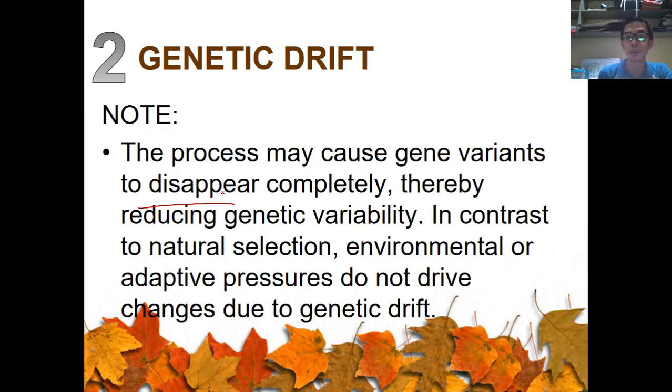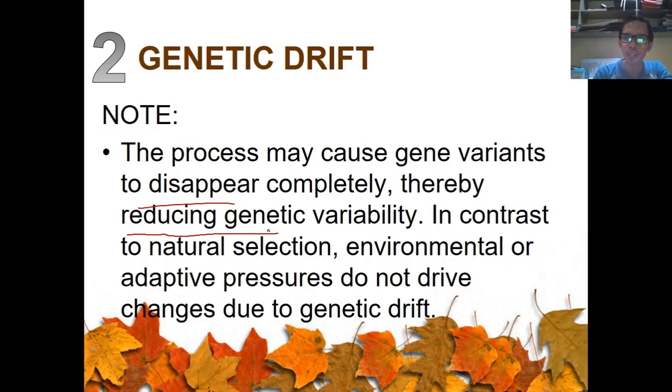Which means that in a random process by nature, some genes will be completely eradicated due to these factors. When a particular gene disappears, it will reduce the genetic variability. Meaning to say, the allele frequency in that population will likely be small.